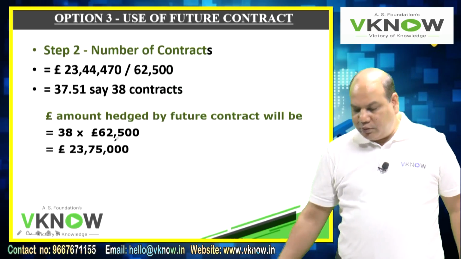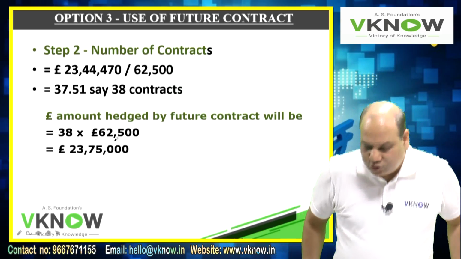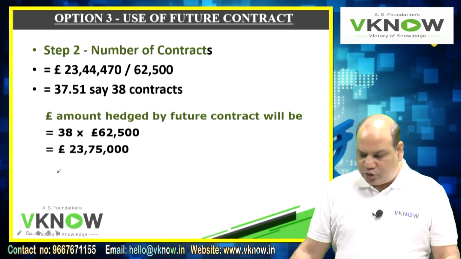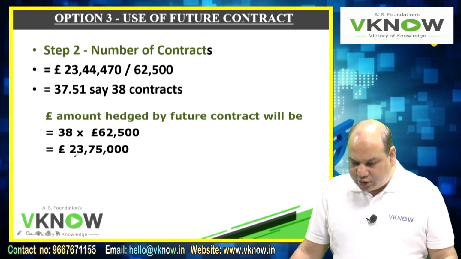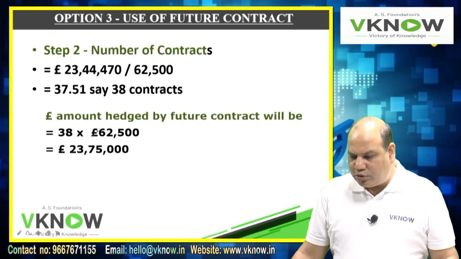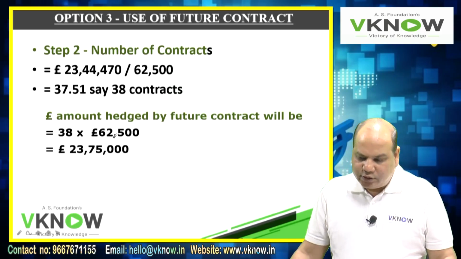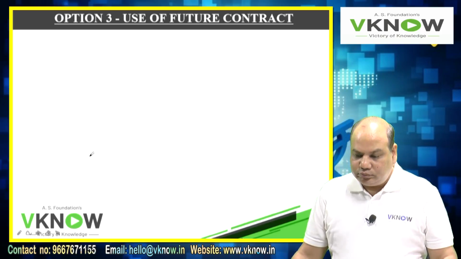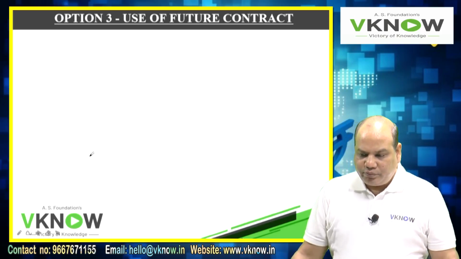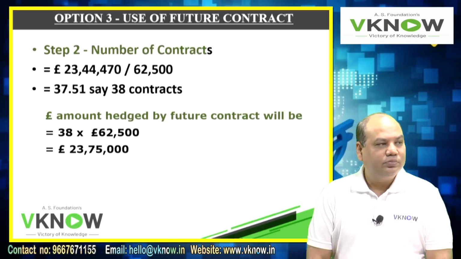So this will be required for calculating the gain or loss. So actually we have taken a position on 23,75,000 pound. You can avoid this step also. In the next step directly you can calculate the gain or loss by multiplying 38 into 62,500. But if you want to understand better, this is okay. Up to this, any query?